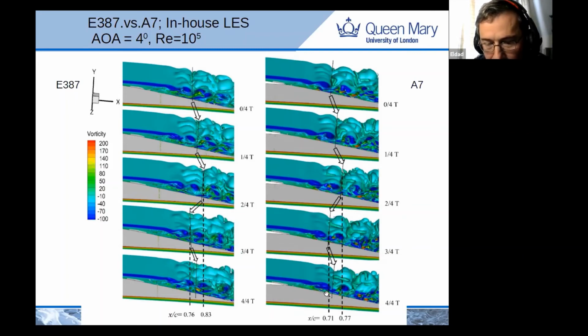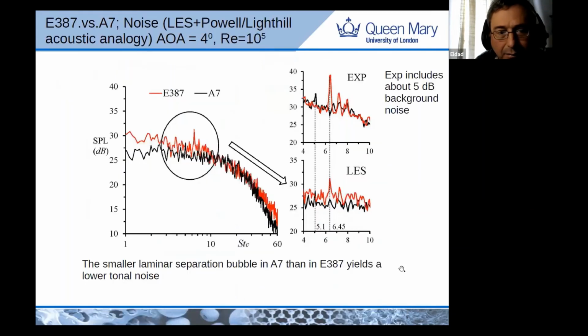Because it moved a bit upstream, the interaction between the flapping of that laminar separation bubble and the trailing edge, which is somewhere over here where I point, became smaller. That interaction reduced the noise. This is what we believe. We also used our LES, but our LES was based on the Curle, Lighthill-Curle analogy.